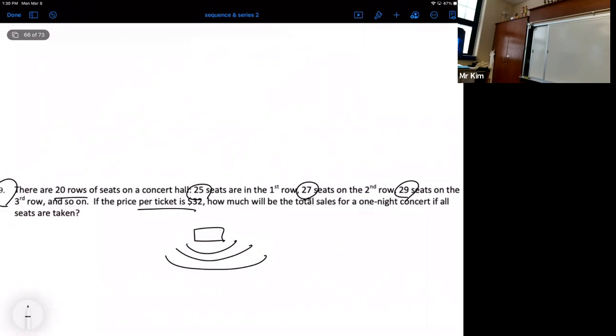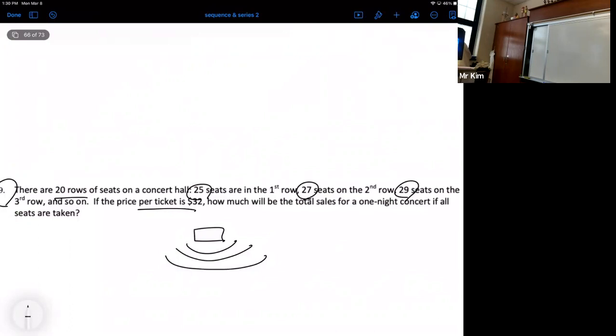No, n is 20. They tell you that there are 20 rows in total. Common difference here should be seats, which is 2.